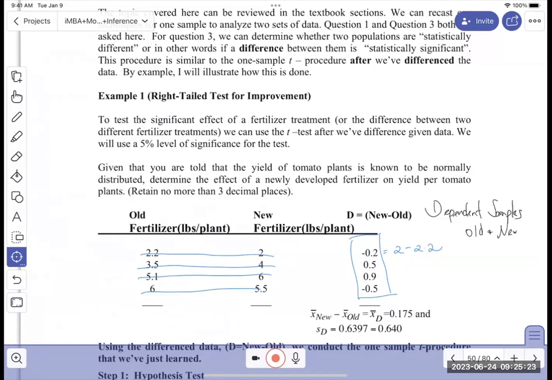The null hypothesis is always that there's no effect or no difference from the status quo. So what would be the mean difference if there's no difference? In other words, if there was no difference between the old and the new, what should all these numbers be?